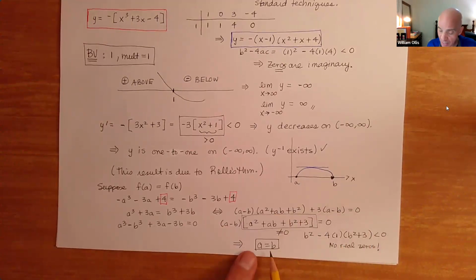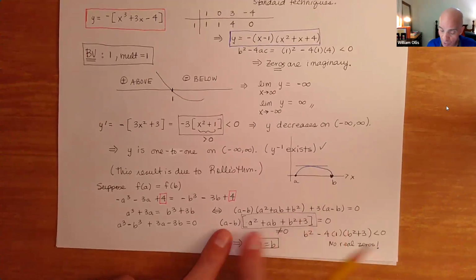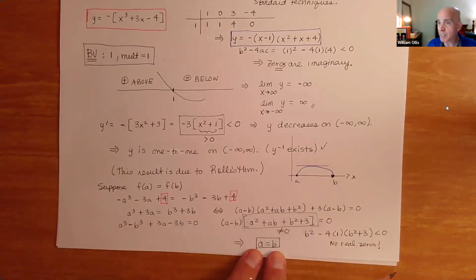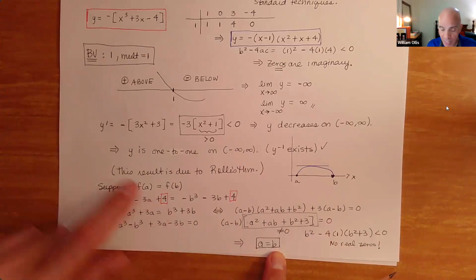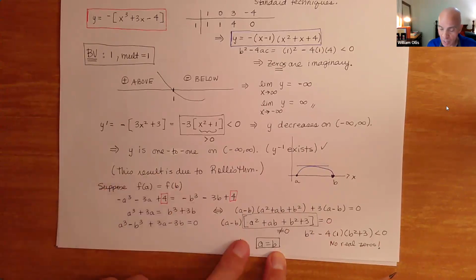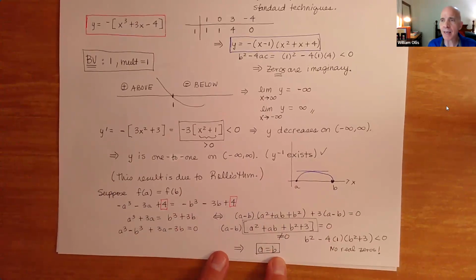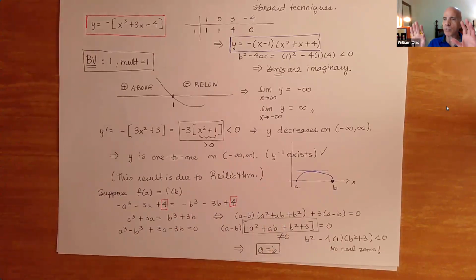So by the zero product property, the only thing that's left is that A minus B equals 0. So that implies that A must equal B. So again, this gives you the one-to-oneness without the use of the calculus. Again, when you think about a particular function as being one-to-one, you just set equal.